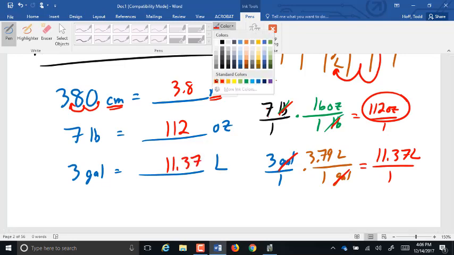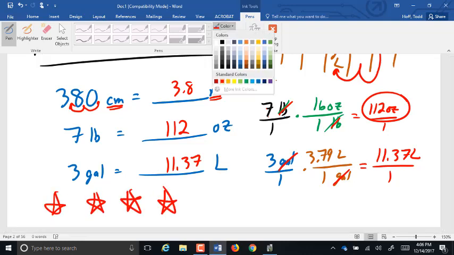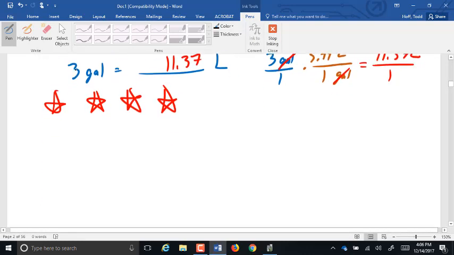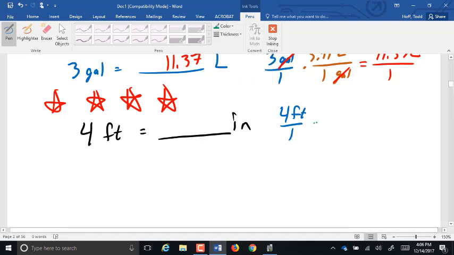Where you have to be careful. If we have 4 feet going into inches, that's relatively straightforward. Most of you don't even have to do the conversion factor to know you're just going to multiply the 4 by 12 to get 48 inches.